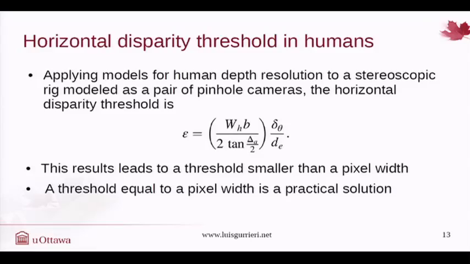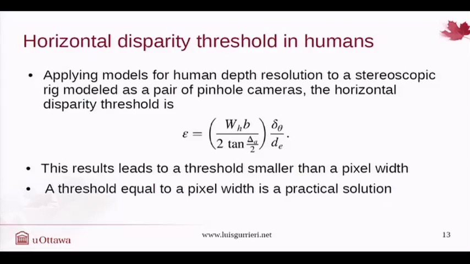This is the threshold in the horizontal disparity error that humans perceive, based on this pinhole stereoscopic pair and the human model, where the baseline is the distance between the human eyes. So if the baseline of this virtual stereoscopic rig is the same as the interocular distance between humans, you can simplify this.